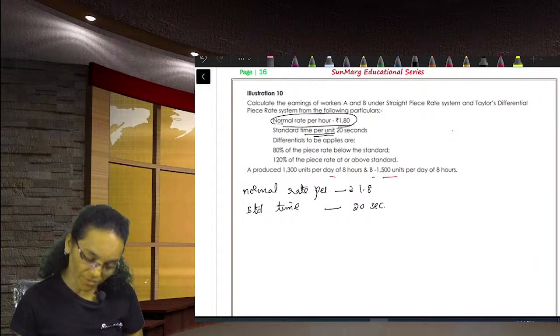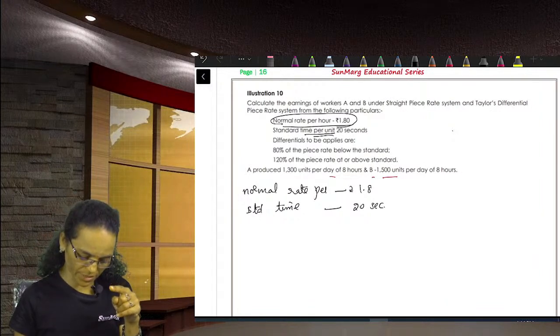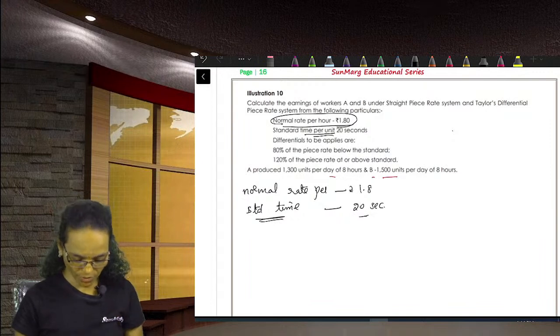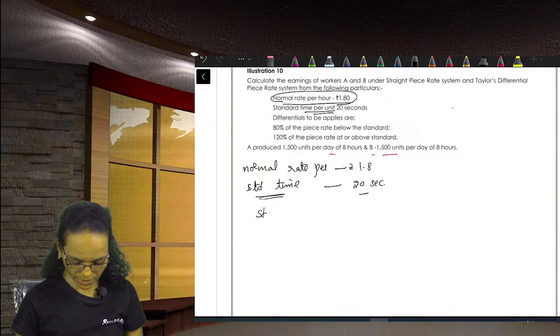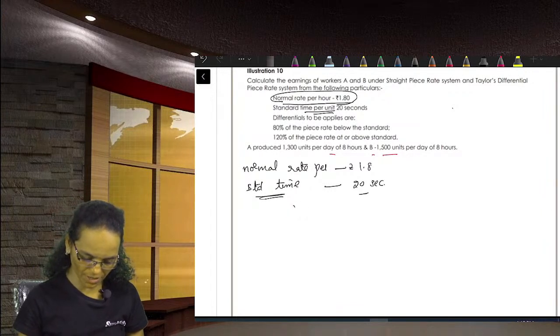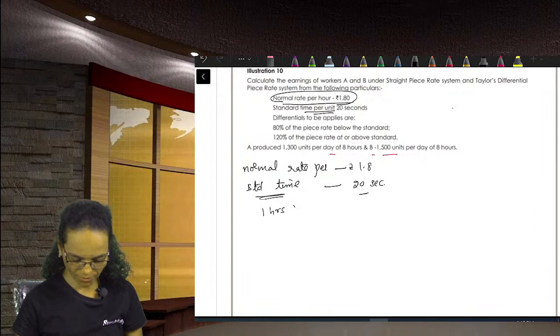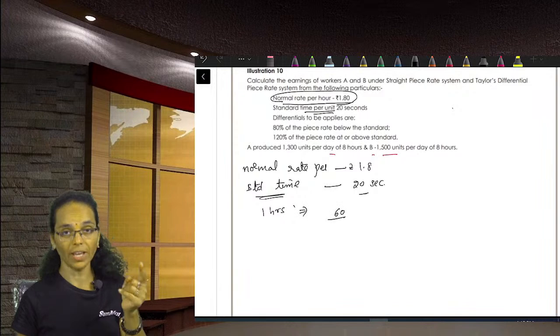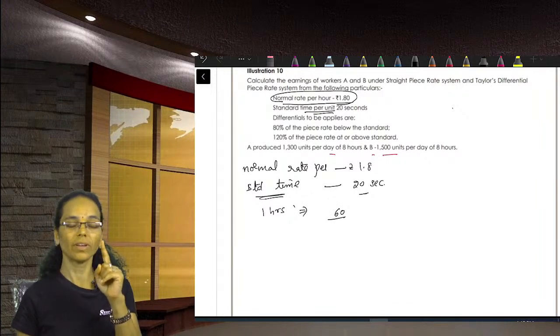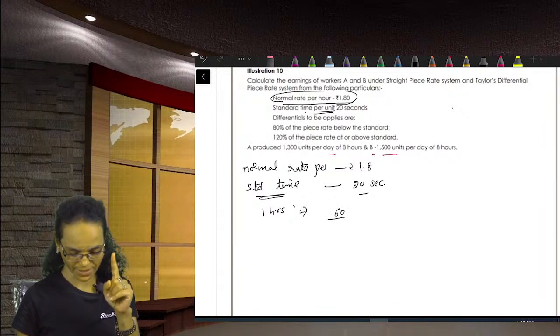Normal rate is given per hour, but standard time is given in seconds. So what we can do? We need to convert into hours, for 1 hour. 1 minute has 60 seconds, right?